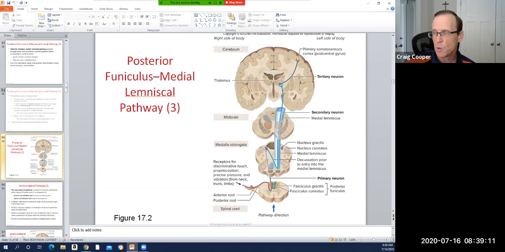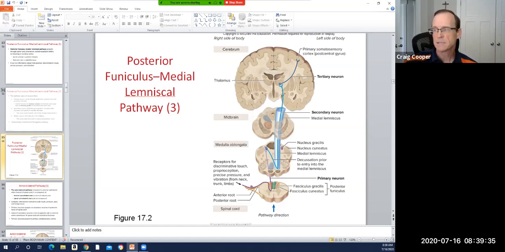And so in the medulla, there's going to be a neuron cell body that primary sensory axon synapses with, and then that's where it's going to cross over. It's going to decussate at the pyramids in that front portion of the medulla, and then it's going to be carried up on the opposite side through the remainder of the brain stem and midbrain.